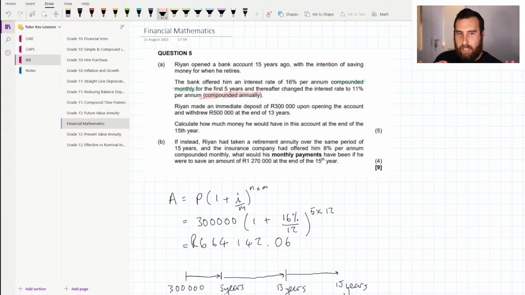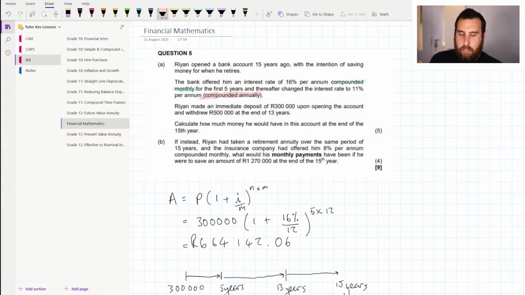Okay, and then back to future value versus present value. So that's an annuity. The future value is saying, I'm going to put away 5,000 Rand every single month, and that's going to build up a whole lot of money, which is typically what someone would do for their retirement, not put in a lump sum and just hope that it gives them a good return.